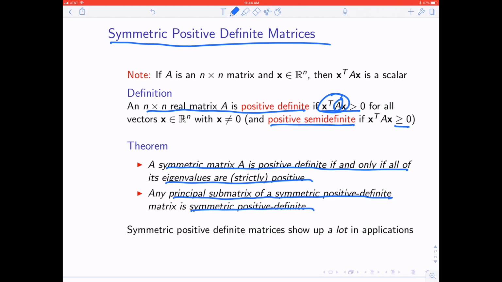In case you don't remember principal submatrix, if you have a matrix of entries, 1, 2, 3, 4, 5, 6, 7, 8, 9 of them, you pick some element, and you cross out its row and column, and that leaves you with these 4 entries here. That's a principal submatrix. And why are we even talking about this? Well, symmetric positive definite matrices show up in a lot of applications, and you might see some later in this course.